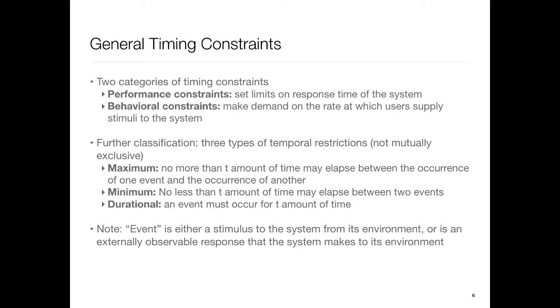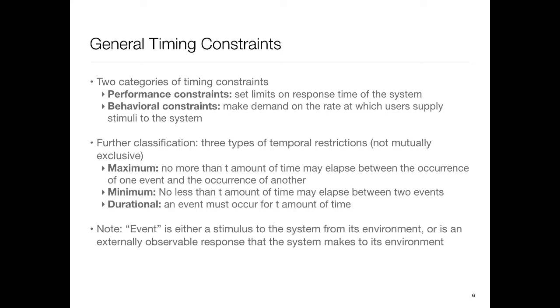So there are constraints arising because the system is unable to do certain things, it just takes time to do them. And then there are constraints arising because the external world expects us to react that way, and if we fail to, then the overall system fails.